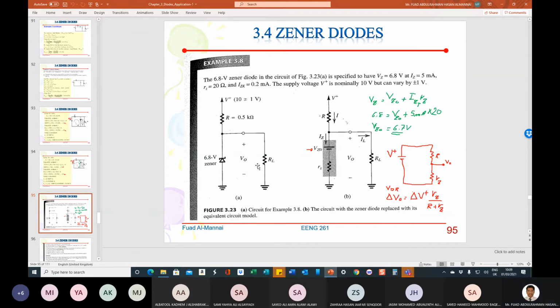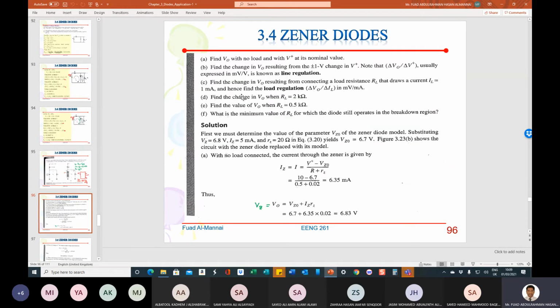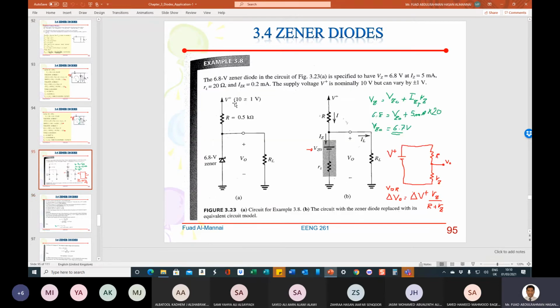So what does he want us to do? He said find V out with no load, and with V plus at nominal value, which is VCC, nominal value means 10 volt.